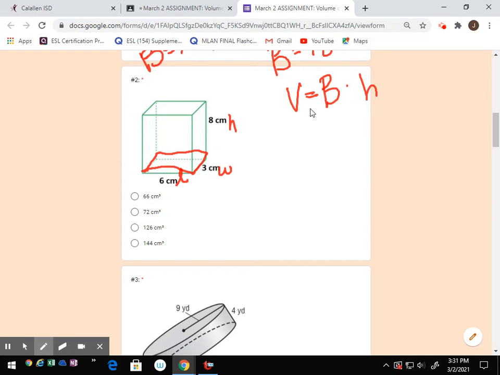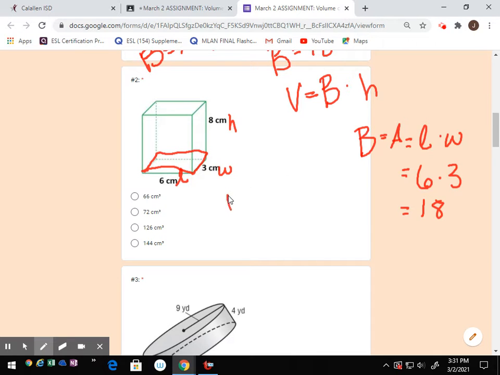So the area of the base is length times width. We replace the L with 6 and the width with 3. So we have 6 times 3, which is equal to 18. So big B is equal to 18.